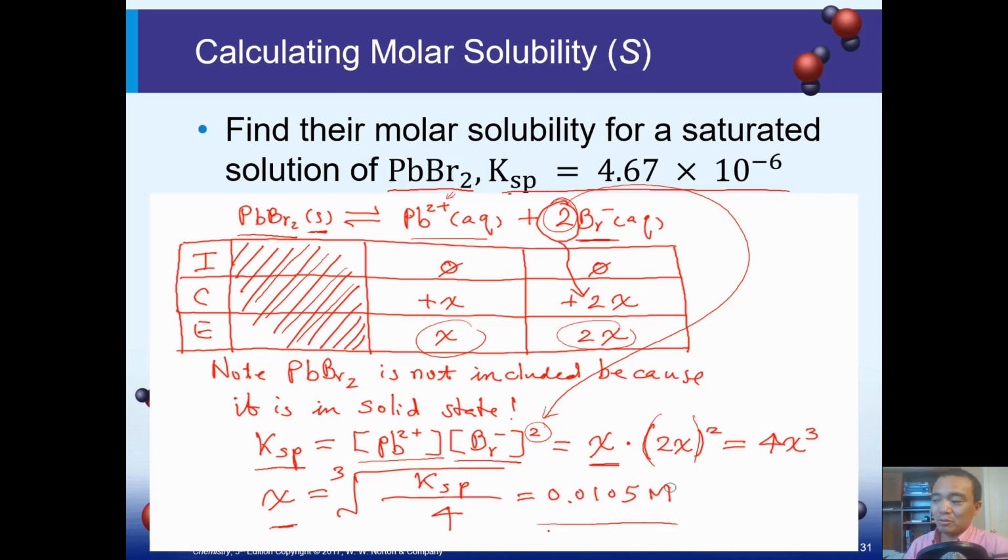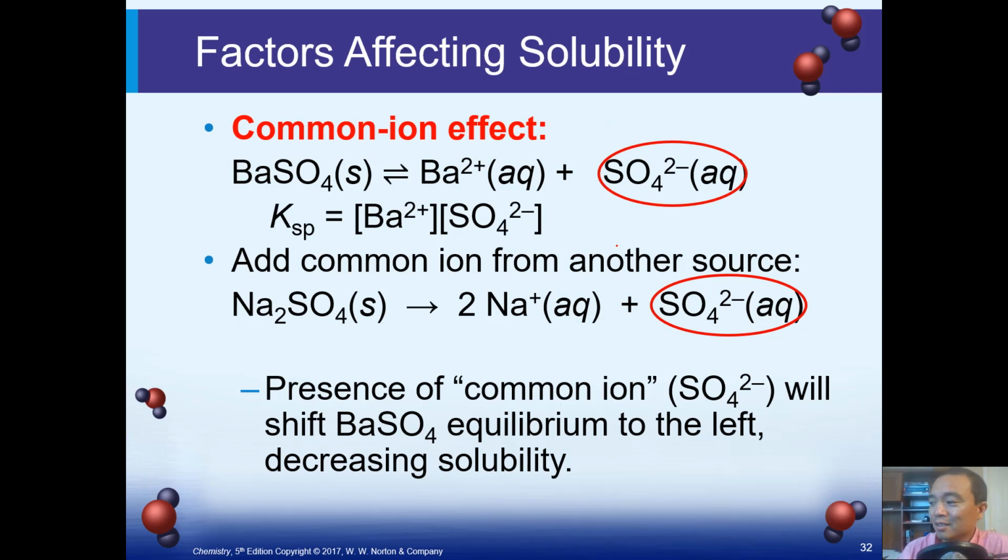In this case, as you noticed, initially the ions in the solution are 0. But in some other cases, you might have non-zero initial concentrations. In these cases, the calculation is actually easier. When you have one ion already on the right side, we call this the common ion effect.